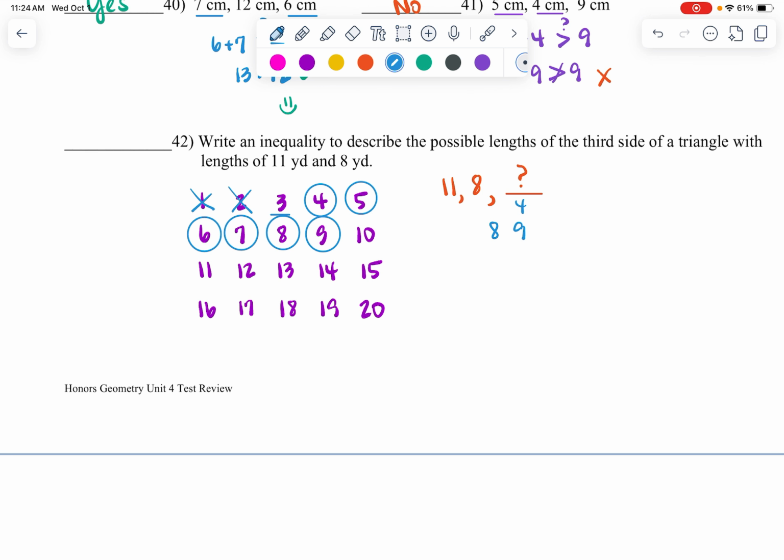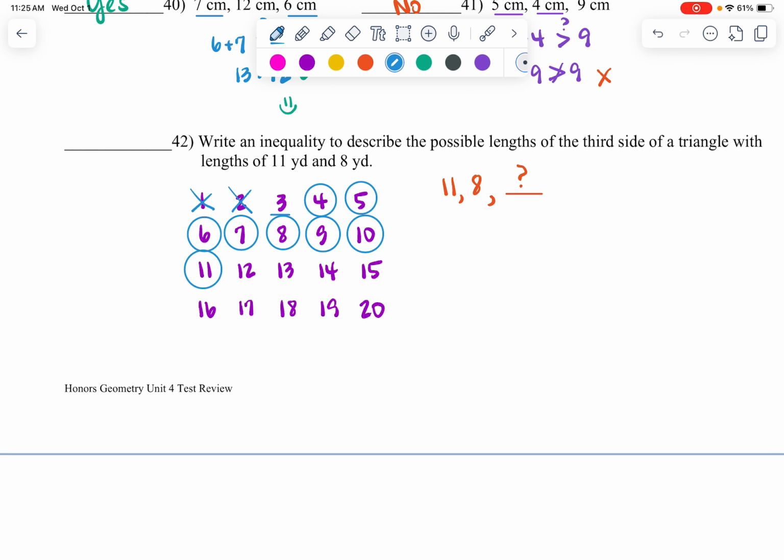That's 17, which is greater than 11. Still good. What about 10? Yep, 8 and 10 is 18, greater than 11, so still good. What about 11? Yeah, 11 works because 11 plus 8 is 19, and 19 is greater than 11.